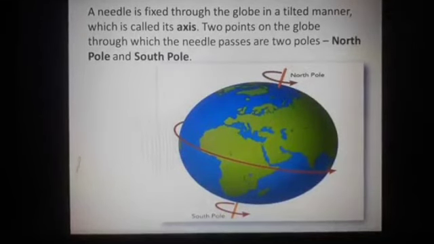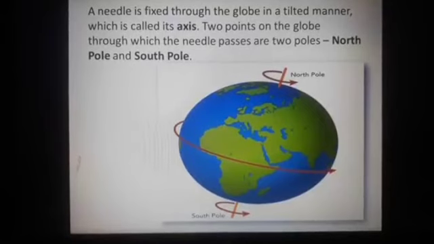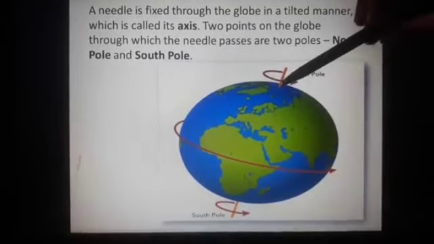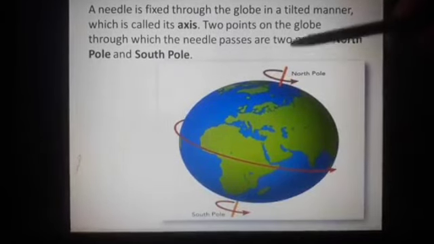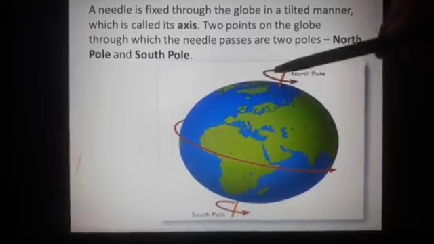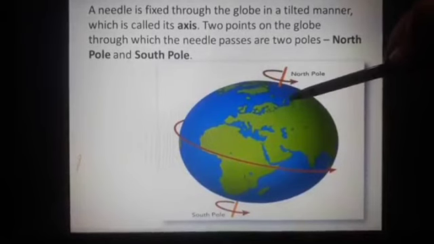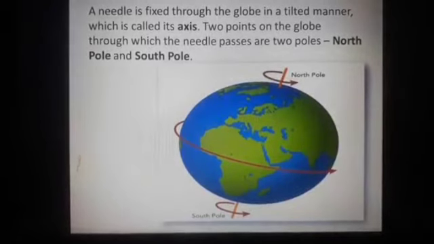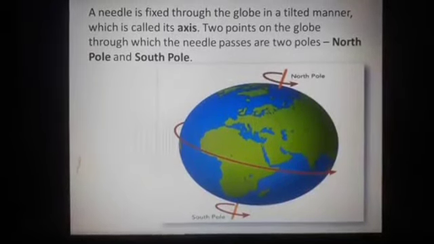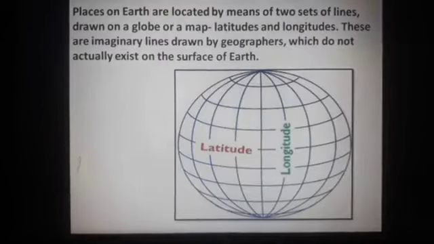So the needle is fixed through the globe in a tilted manner, which is called its axis. The 2 points of the globe through which the needle passes are 2 poles. You can see that is a North Pole and the South Pole. The northern end of the axis is known as North Pole and its south end is known as the South Pole. Places on the Earth are located by means of 2 sets of lines.